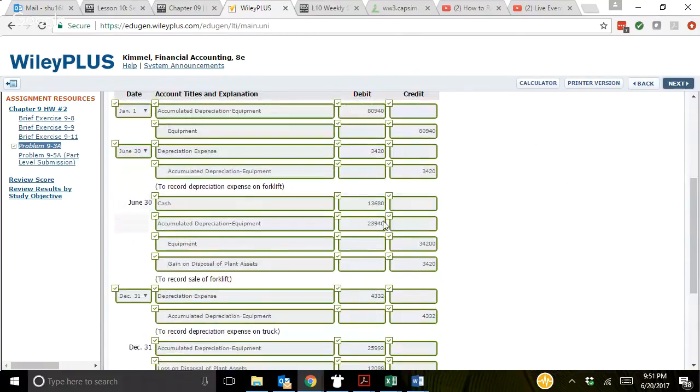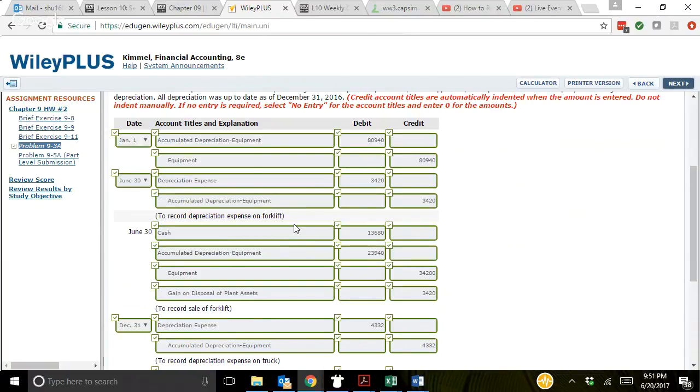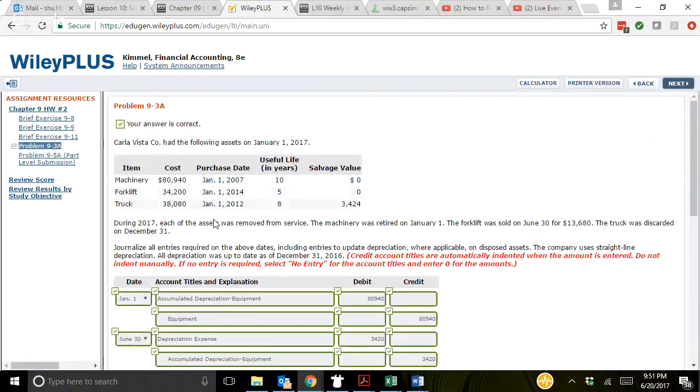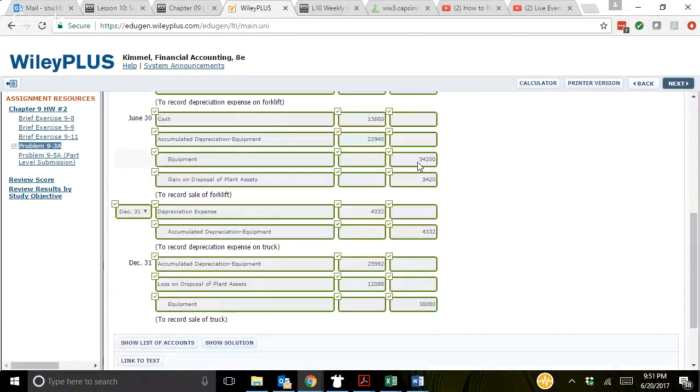And then we're going to add our new depreciation expense, what we added to accumulated depreciation on June 30th, which gives us 23,940. We're going to debit that so we can balance it from the credit side. And then we put in the original purchase amount, because we're crediting our equipment for that amount, 34,200. Good, got that here.